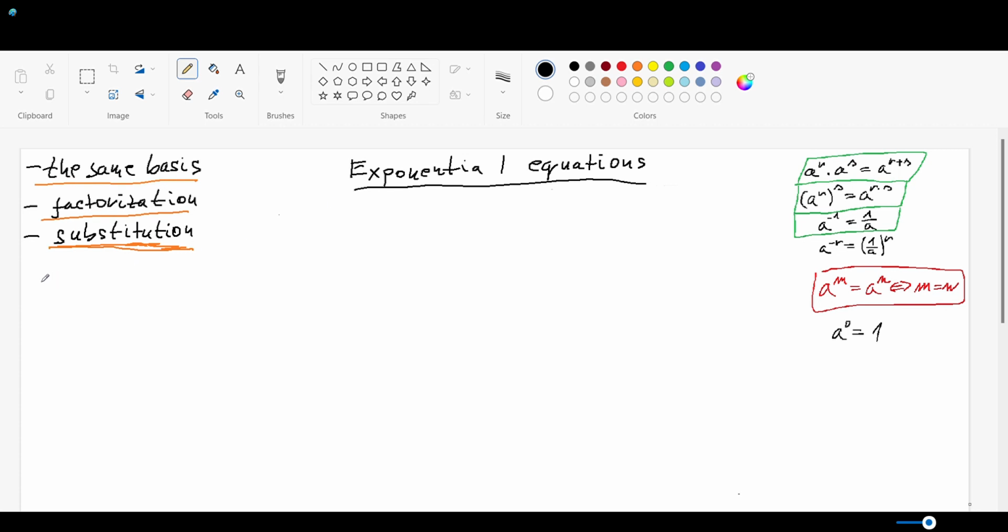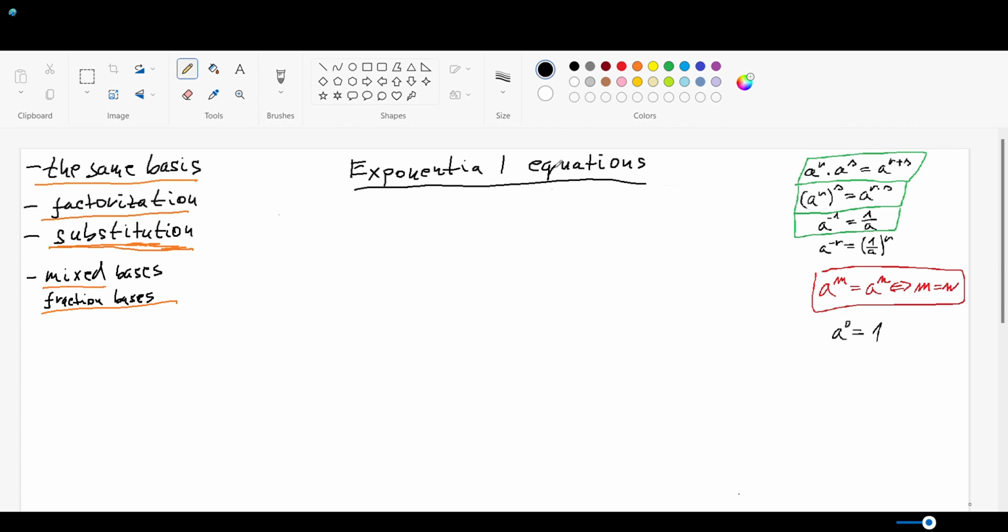I don't know what the proper name of this method is, but let's call it mixed bases, or fraction bases, because as you will see, we will come to bases that are fractions, and at the very beginning you will see that these are mixed bases.